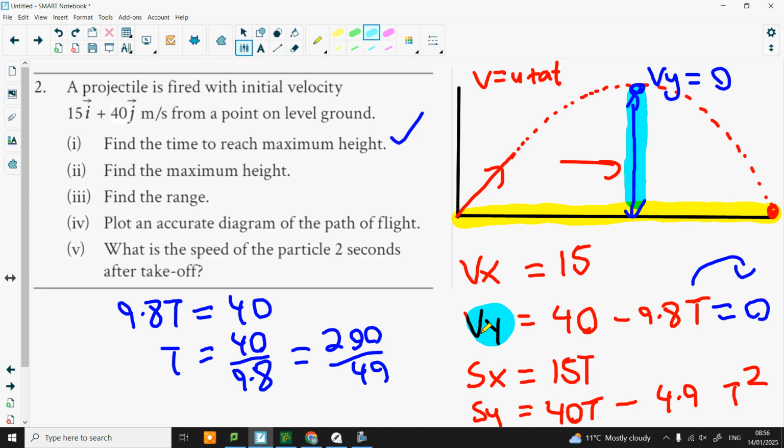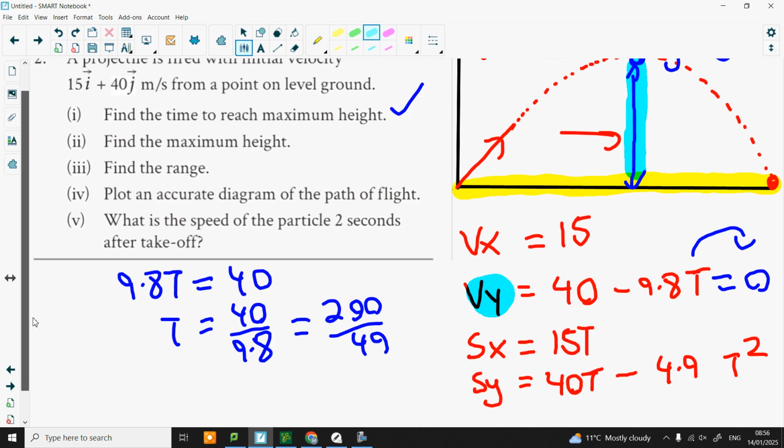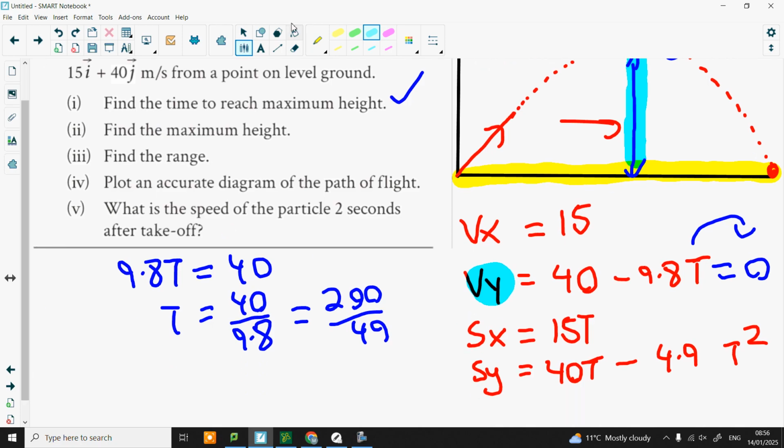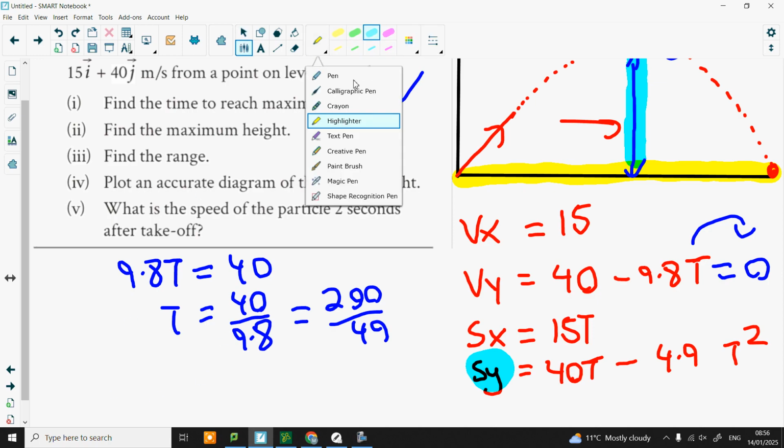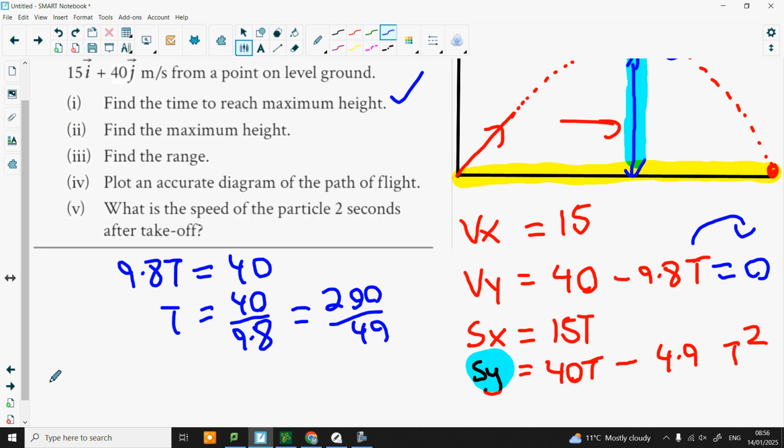Vy is a velocity, so not that one. Should I use the distance in the x direction, Sx? No. Should I use the distance in the y direction? That's your one. We have to use Sy, which gives us the distance in the y direction. So what do we do now, guys? Sub in the t, yeah.